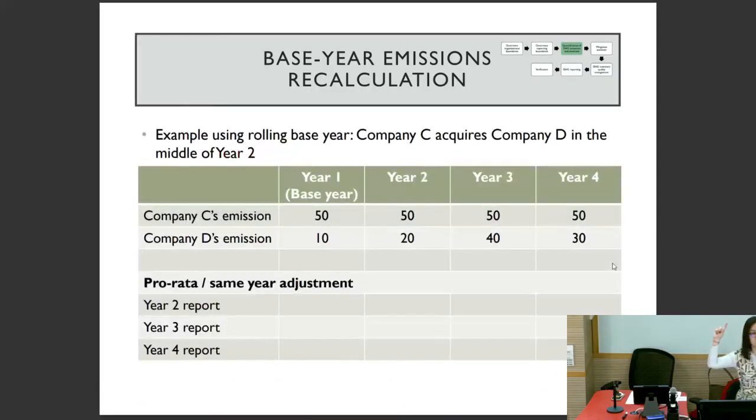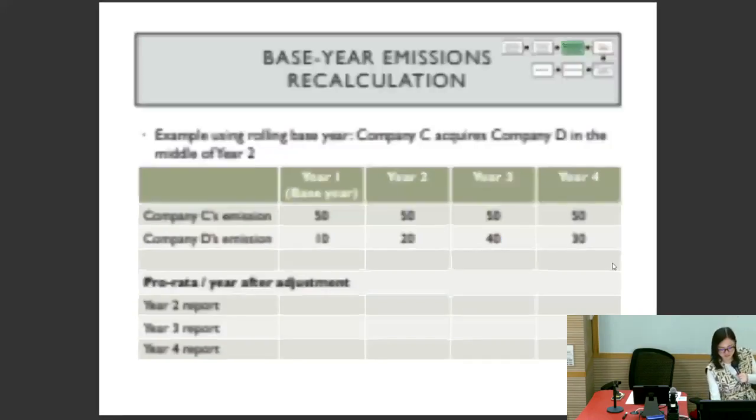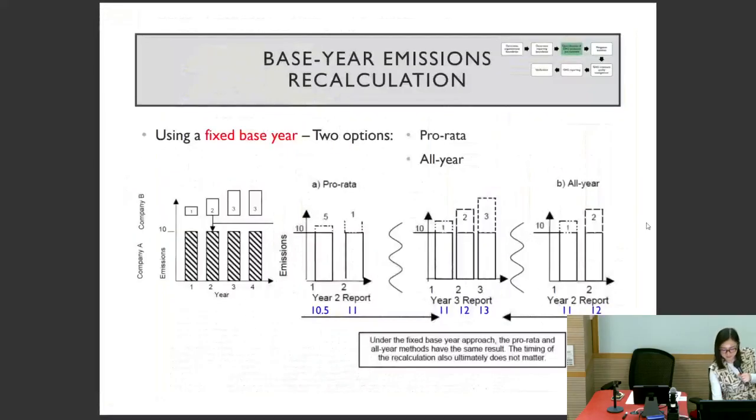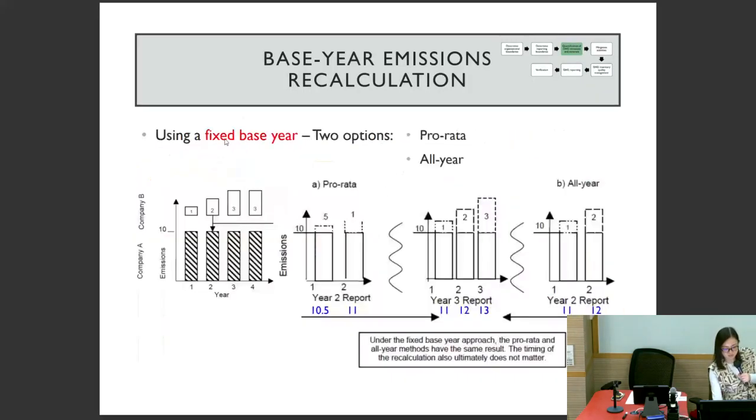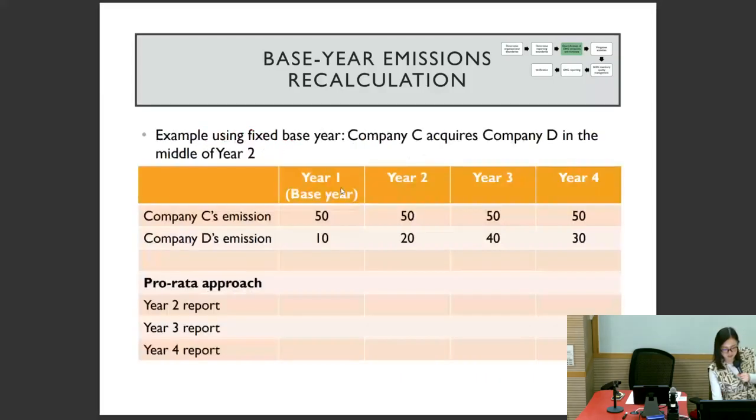And there are also some tables, like some exercises. You can try to fill in the table. So this table is according to the fixed base year. Company C acquired Company D in the middle of the year, similar to this one, with fixed base year emissions.